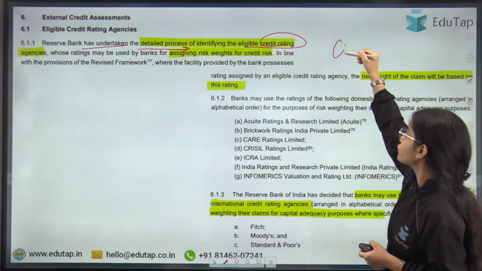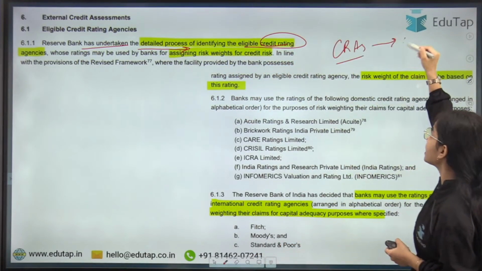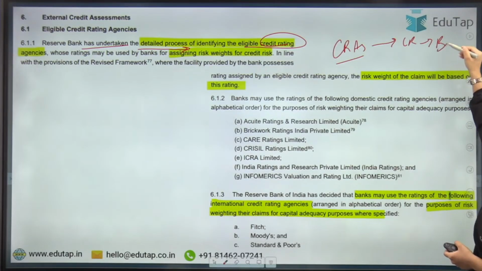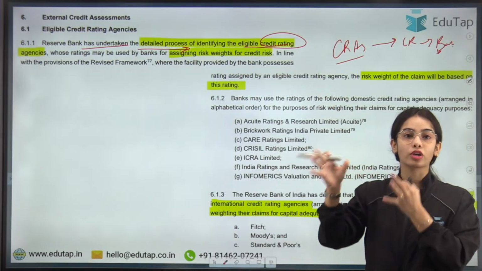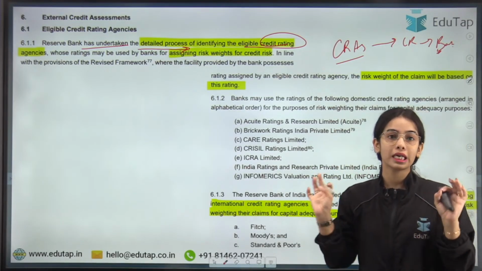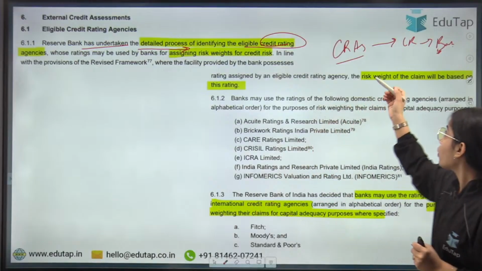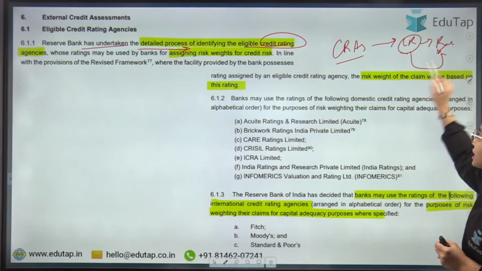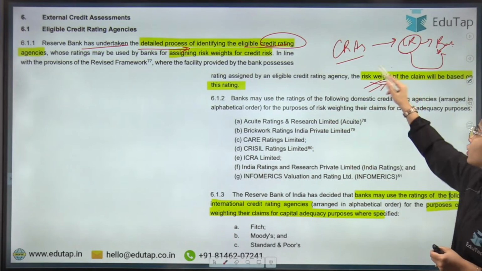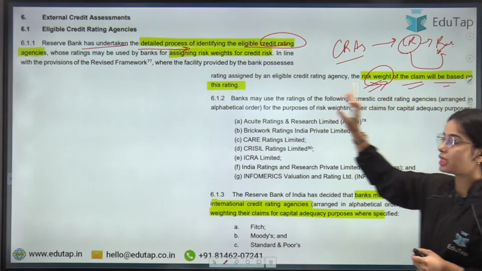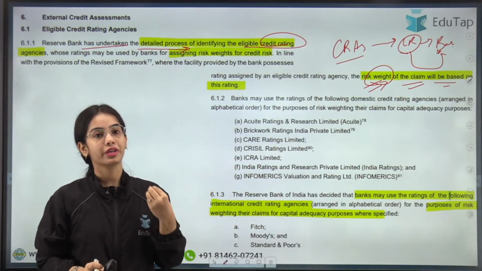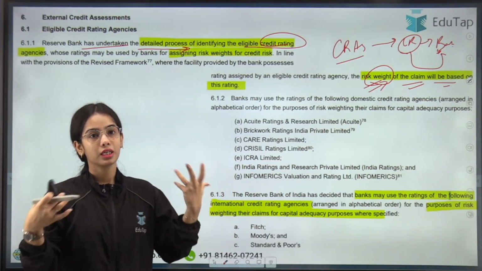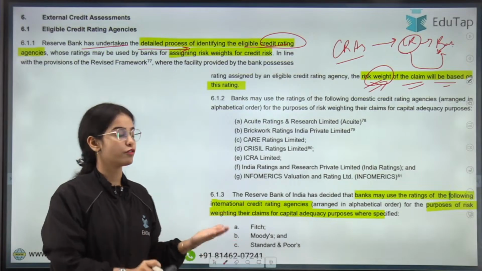RBI approves the credit rating agencies that can provide the credit rating to the banks in the country, so that the banks are taking the credit rating only from the authorized institutions, only from the good institutions. On the basis of the credit rating, the banks decide their risk weight. The risk weight of the claim will be based on this credit rating given by different credit rating agencies approved by the Reserve Bank of India.